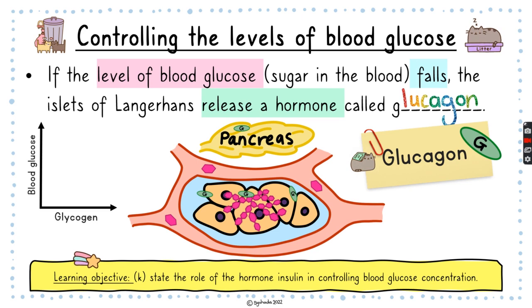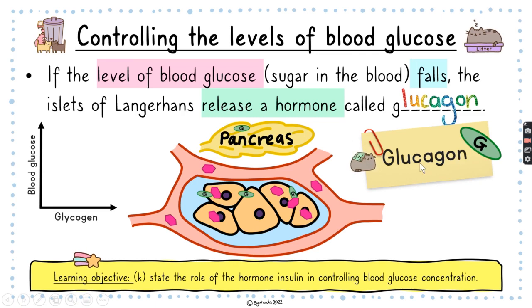Once these glucagon molecules have interacted with the cell receptor, it's going to change the activity of these cells to encourage them to convert the glycogen back to glucose. And this glucose will then diffuse out into the bloodstream.